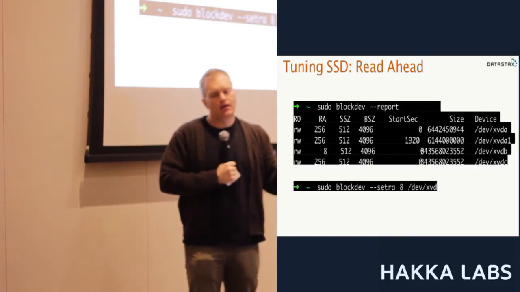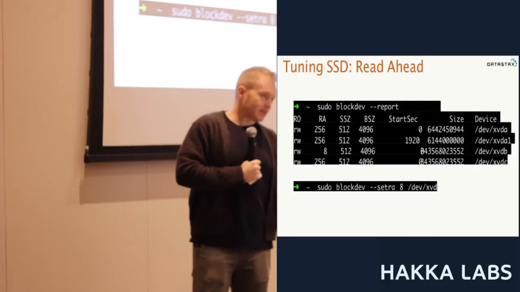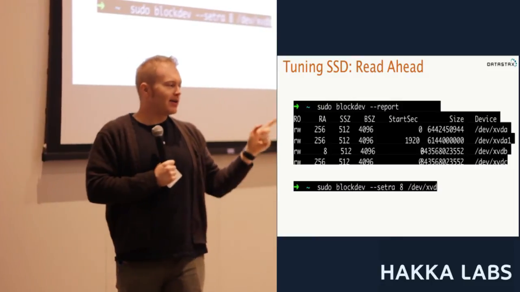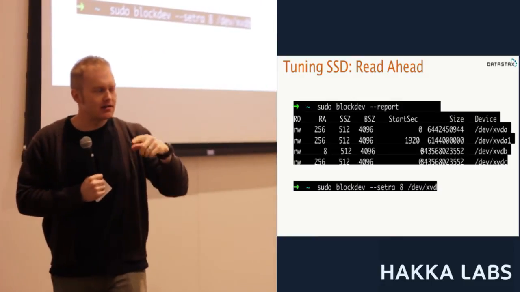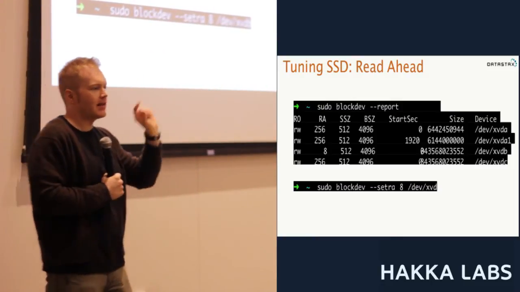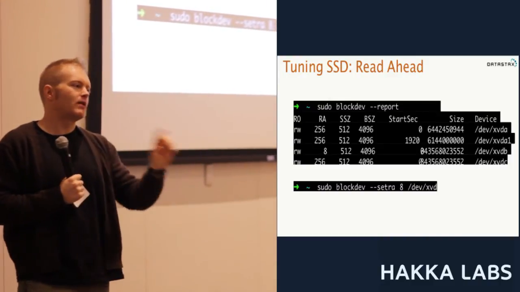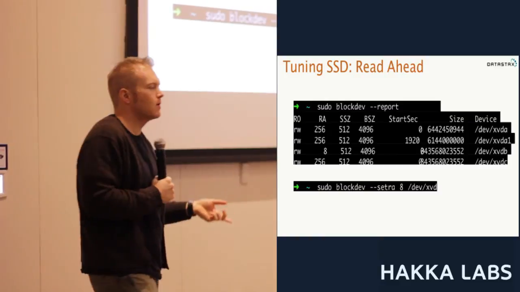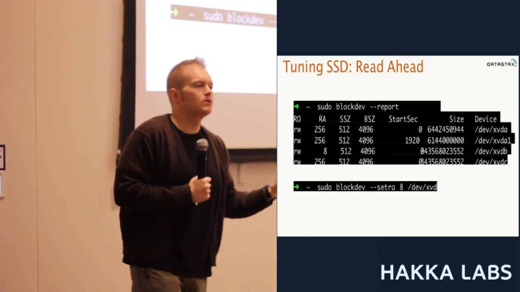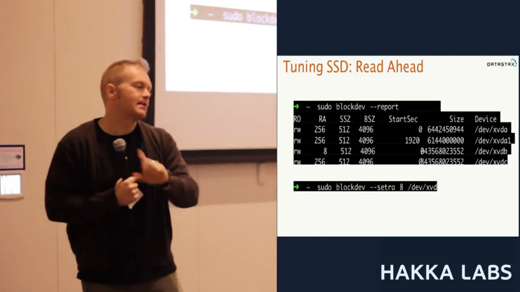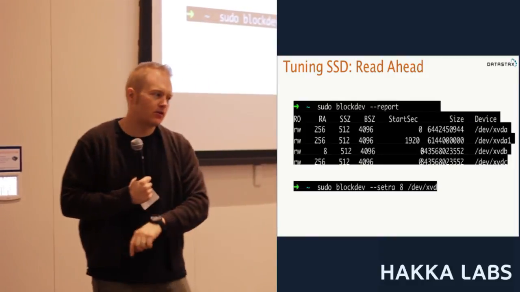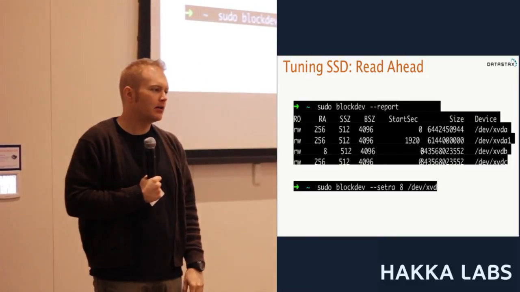The operating system is not dumb. It knows that when you do a seek on disk, you're probably not just going to want that one page. You're going to want the page next to it, because very rarely do people just want 4K of data. So it's going to attempt to read ahead more pages in anticipation of you asking for that other seek, right?